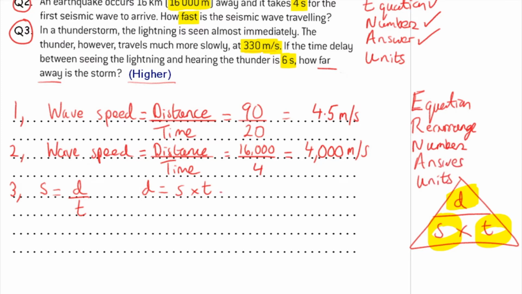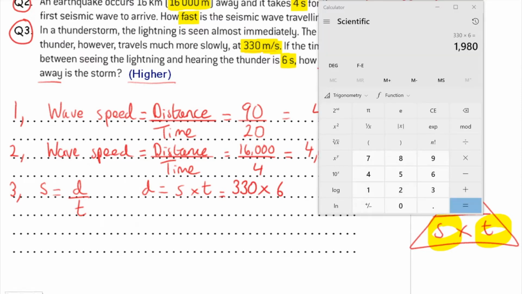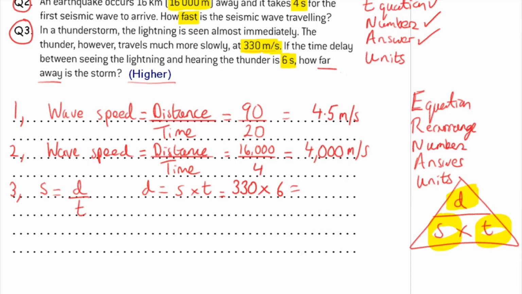Let's do it. Speed 330, time 6. Calculator, 330 times 6 is 1980. And the units are meters.